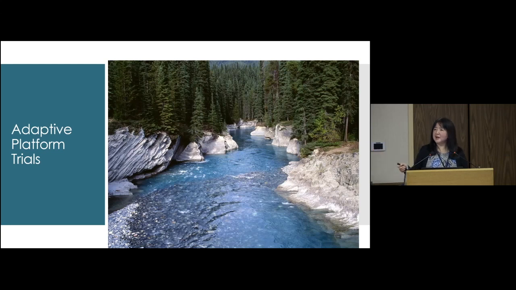In adaptive platform trials, you can adjust as you go along because you are gathering data as you go. That's the advantage: you can plan for the unexpected. When I talk to my students, I always say there's the expected, then there's the unexpected, and you have to adapt. It's the same with clinical trials.